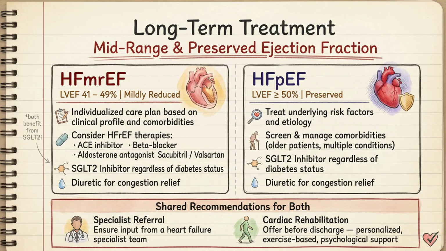For HFpEF, LVEF at or above 50%, treat the underlying risk factors in etiology. Screen and manage comorbidities, especially in older patients with multiple conditions. SGLT2 inhibitor, again, regardless of diabetes, and diuretics for congestion.